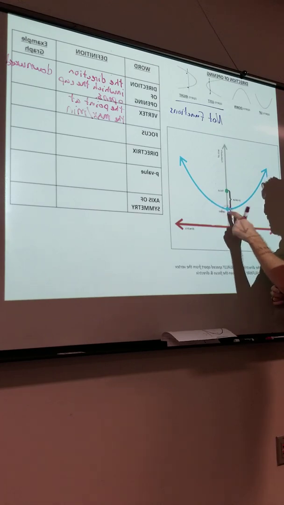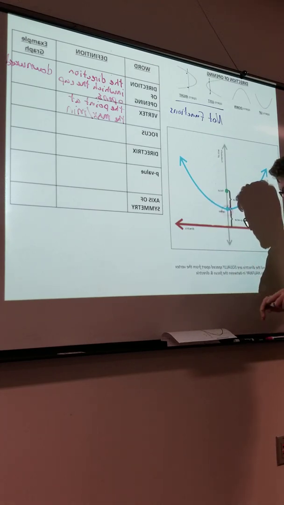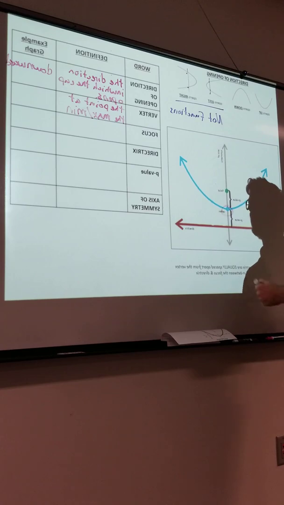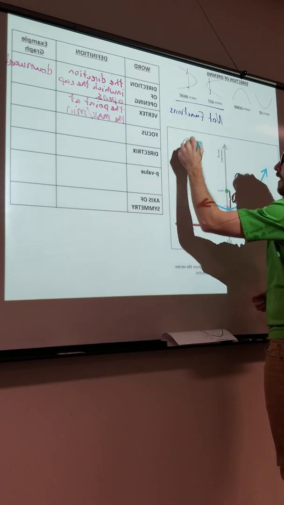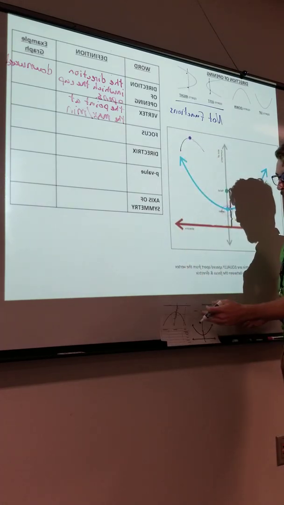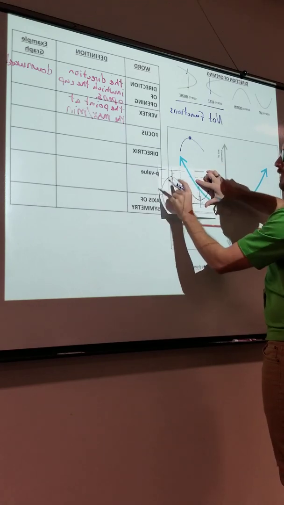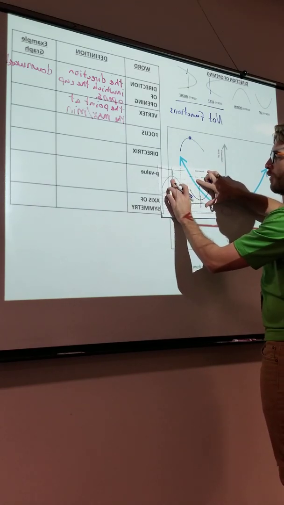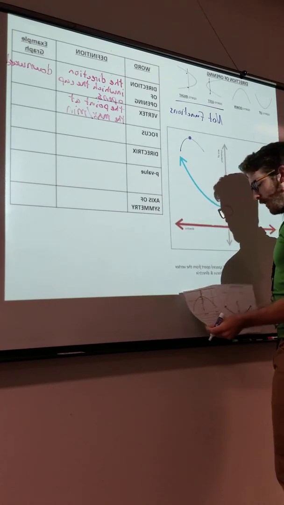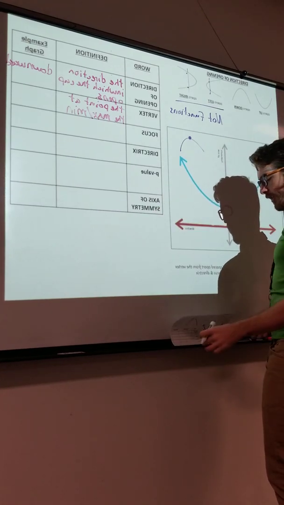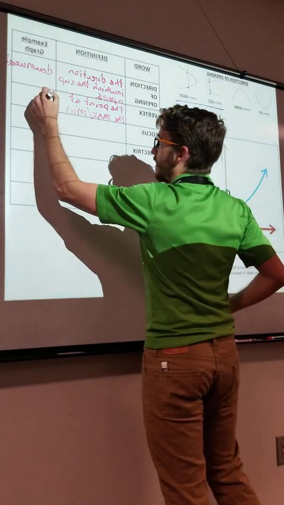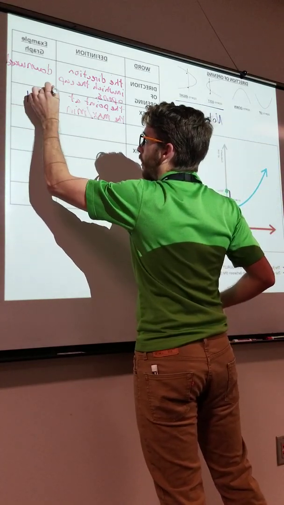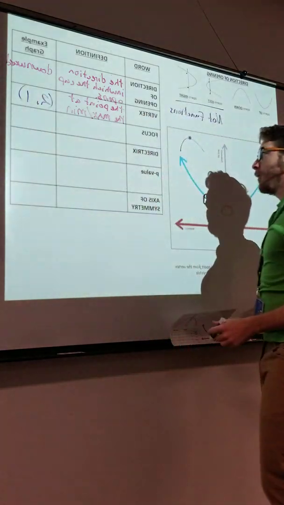In this case, it's the very bottom. And in the case of the one on your paper, it's at the very top. On your paper, it's here, and that would be at 2, 1.